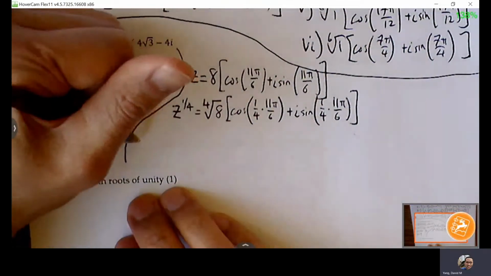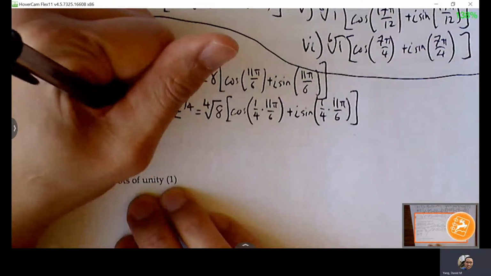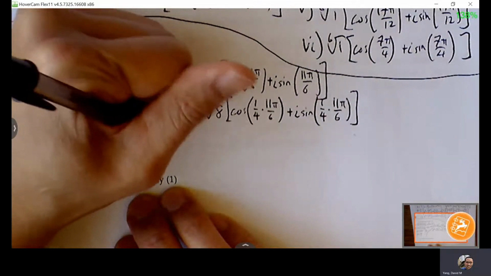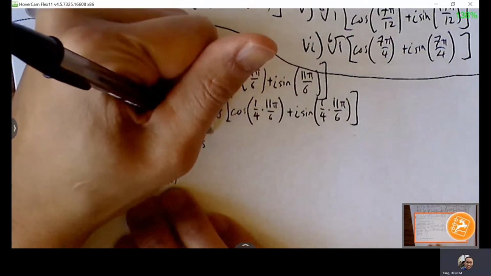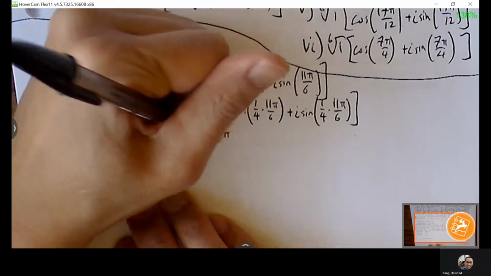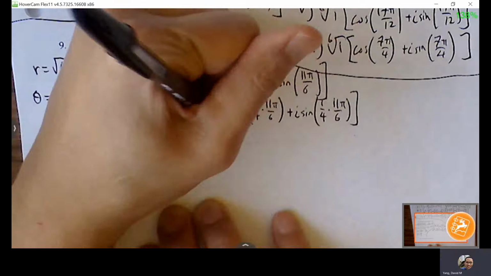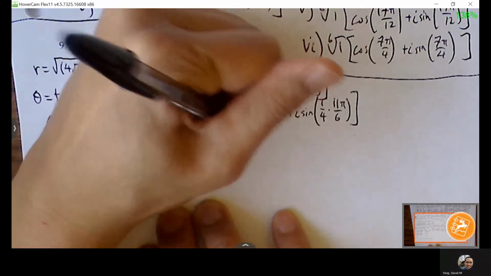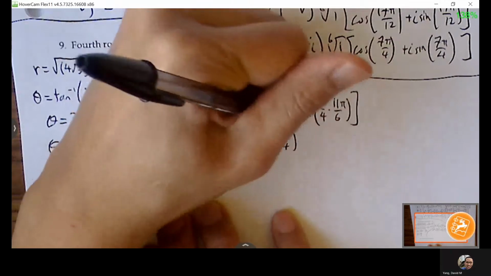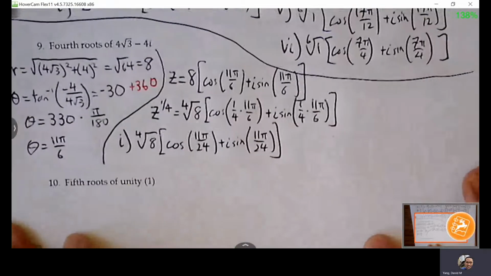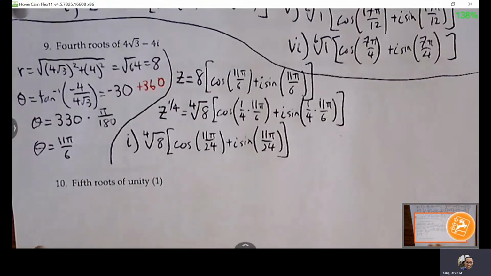That's my first solution. Okay, I have one solution. How many more solutions are we looking for? 3 more. Okay, I need them all evenly spaced.